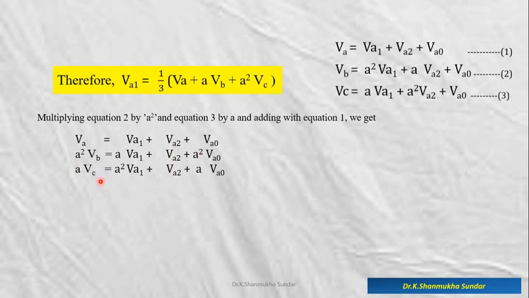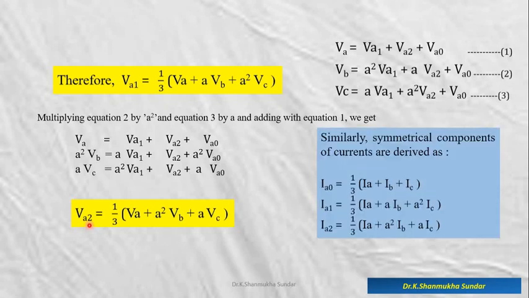So therefore Va2 is equal to 1 over 3 of Va plus a square Vb plus a Vc. Similar to these equations, we have derived Va2 also. So we got all three components, that is positive sequence, negative sequence and zero sequence voltages, from their unsymmetrical phasors. Similarly, on the same lines we can derive the symmetrical components of currents.